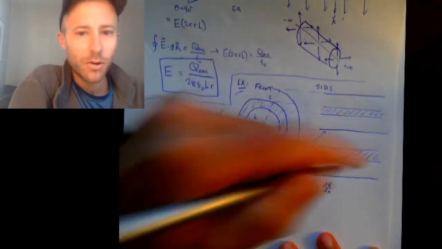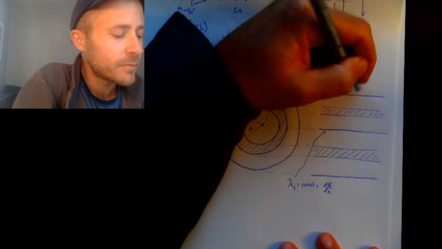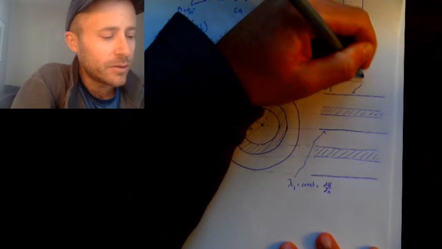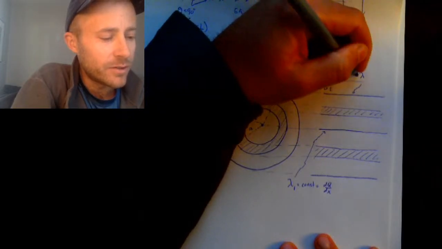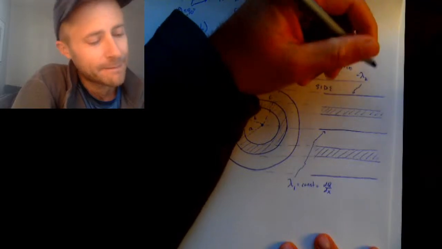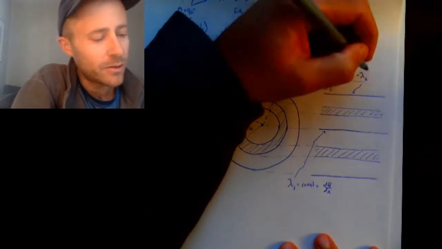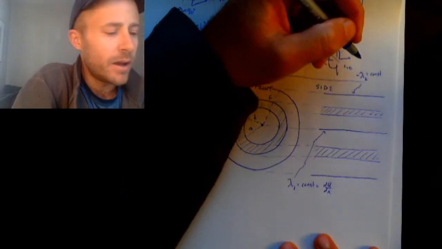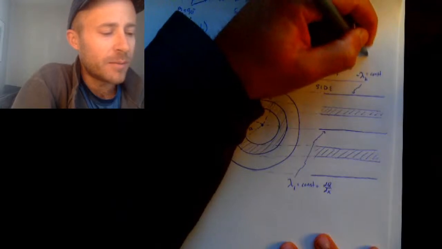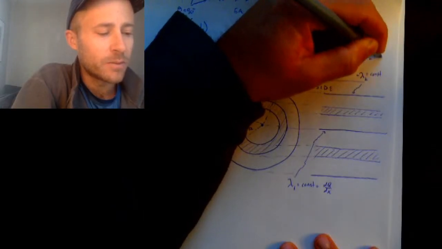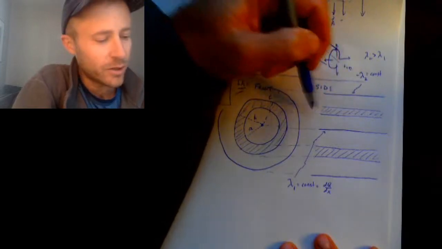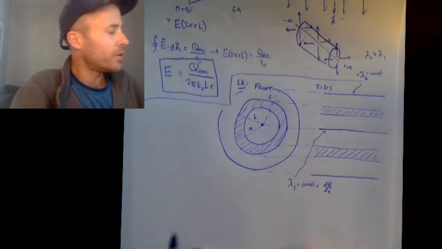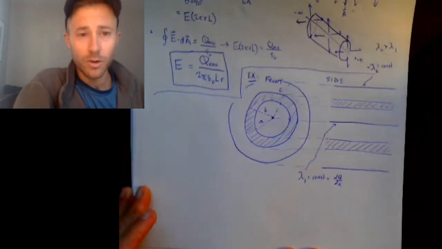The outer one has a linear charge density that is negative lambda 2, and it is also a constant. And we are given that lambda 2 is greater than lambda 1, so that the amount of negative charge is bigger than the amount of positive charge. And so what we want to do is figure out what's going on with the electric field.